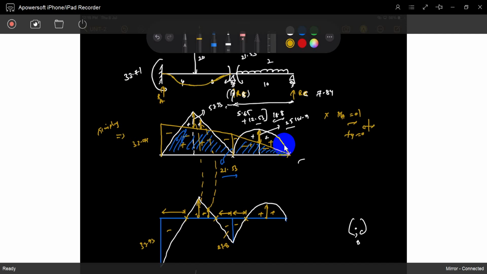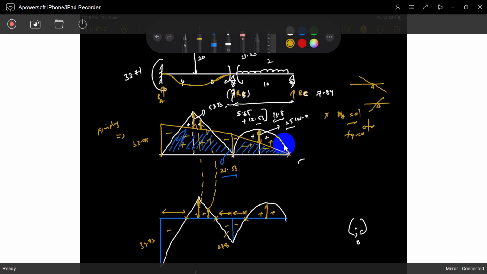Maybe it has slope. I understood B has some movement. It will rotate like this, or maybe rotate like this. We don't know. If you know the deflection, the rotation of the section at B, you have to maintain that. But now we don't know.